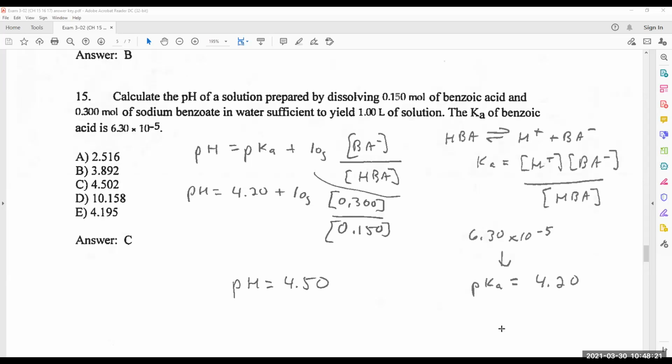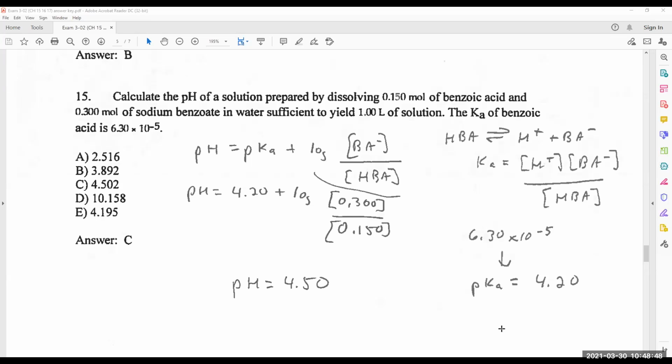But because this is a weak acid, we can go ahead and use the Henderson-Hasselbalch equation. So pH equals pKa plus the log of the concentration of benzoate divided by the concentration of benzoic acid. We were given the benzoic acid values, we were given the benzoate values, so we can plug those in.